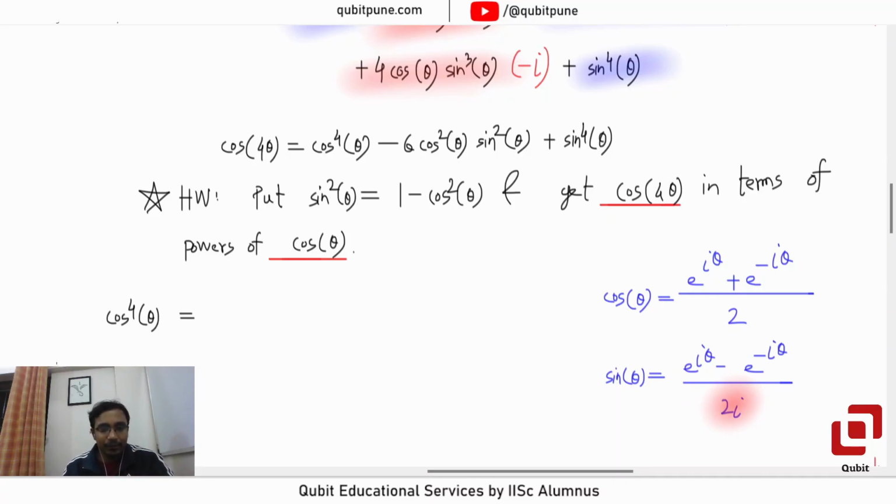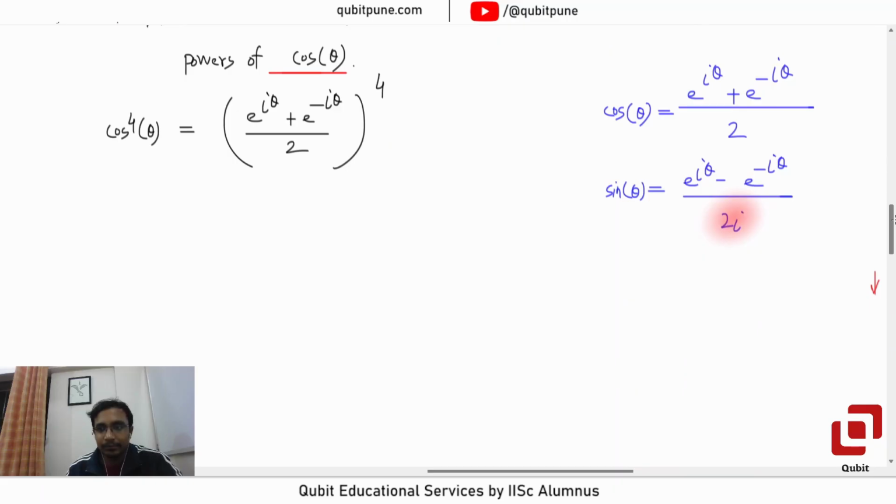Fine. So for cos 4 theta we can take the help of this expression: e to the power i theta plus e to the power negative i theta, upon 2 raised to 4. Is that clear? So it will be 1 upon 16 into bracket.